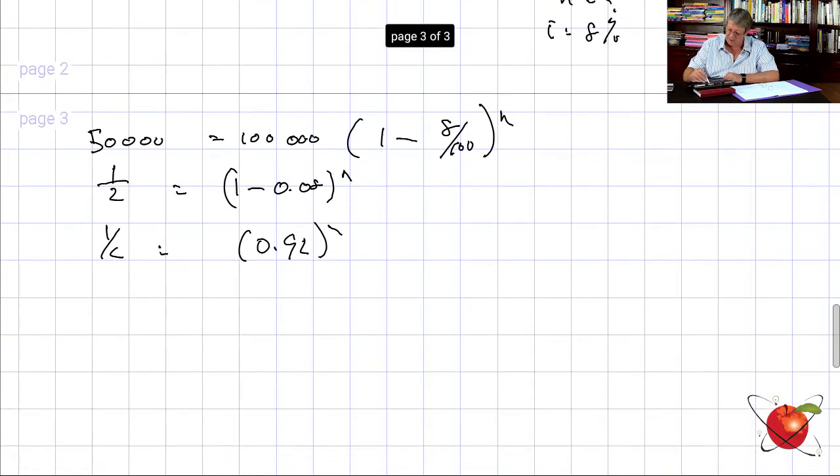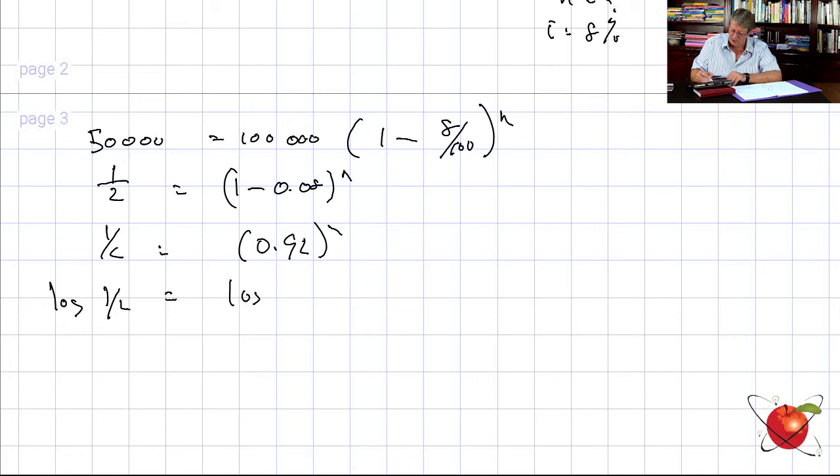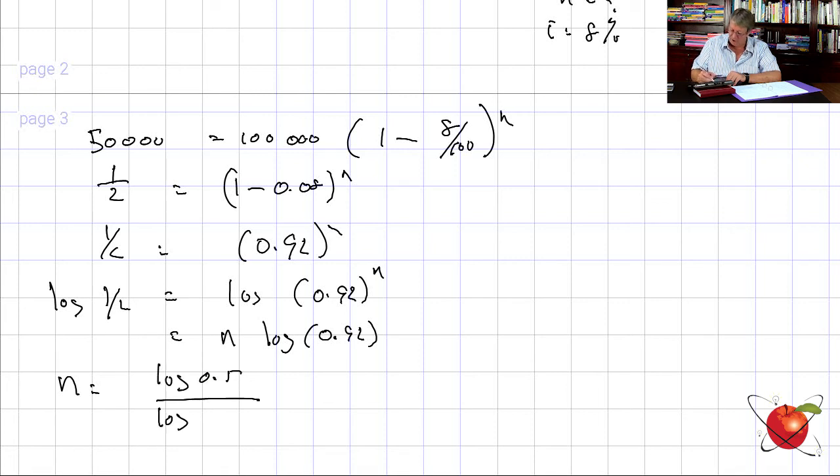Now, how do we find n? Exponential equations. In this case, you take logs of both sides. Log of a half is equal to the log of 0.92 to the n. This you exchange to n times the log of 0.92. Therefore, n is equal to log of 0.5 over the log of 0.92. I always put them in brackets, I don't know why.